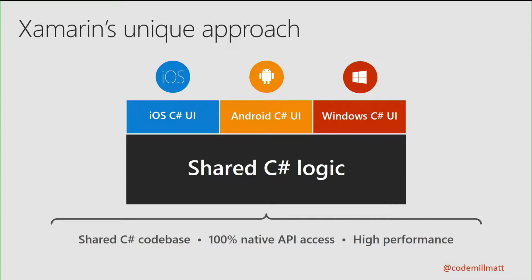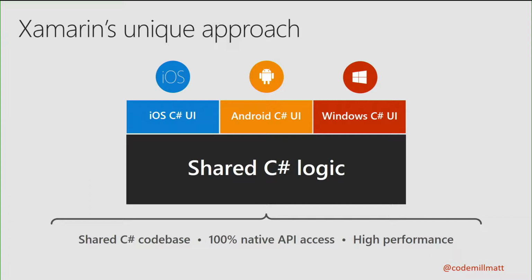This is where Xamarin's unique approach comes in, is that first off, Xamarin has wrapped 100% of each of the platform's native APIs in C#. So we can not only get at iOS's UI kit or Core ML, we can get at them using wonderful C#.